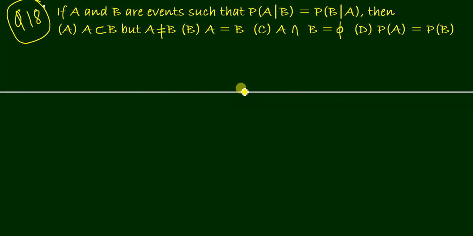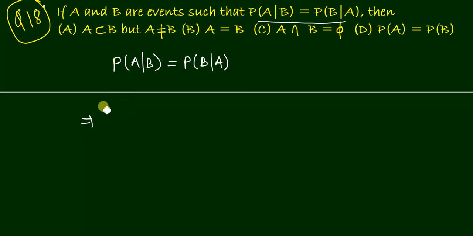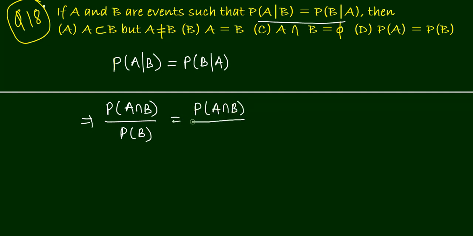In question number 18, it is given that A and B are events such that the probability of A when B has already happened is equal to the probability of B when A has already happened. If we write the formula, we get the probability of A intersection B divided by the probability of B, and this is the probability of A intersection B divided by the probability of A. When these are equal, the numerators are equal, so the denominators should be equal.